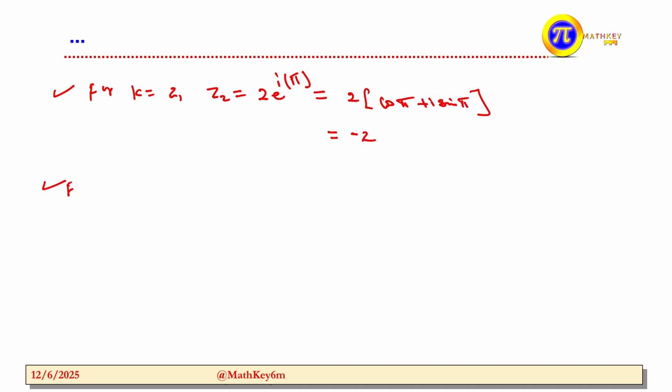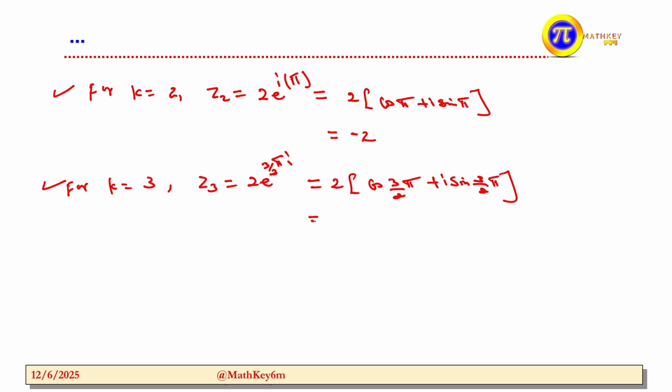Last, for k equals 3, z3 equals 2 times e to the power of i times 3π over 2, equals 2 times (cos 3π/2 plus i sin 3π/2). Cos 3π/2 is 0 and sin 3π/2 is negative 1, so the result becomes negative 2i.